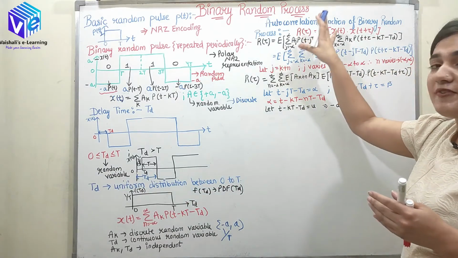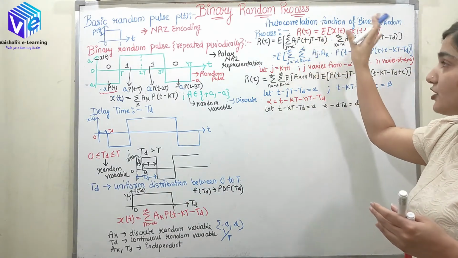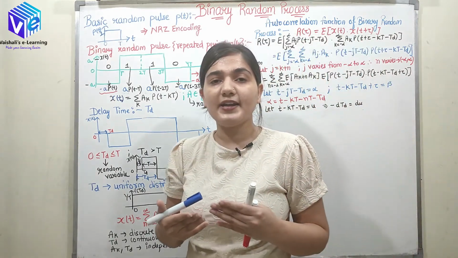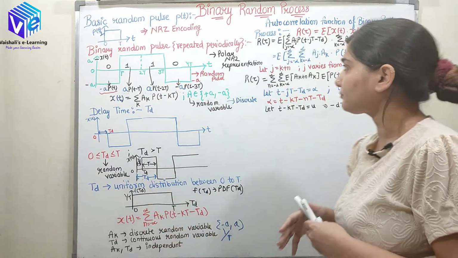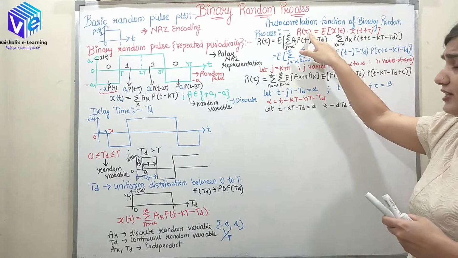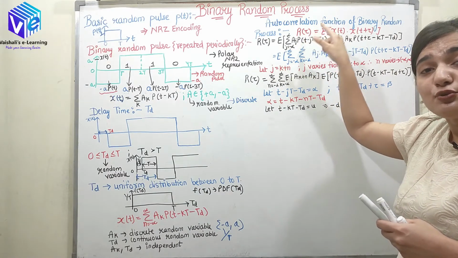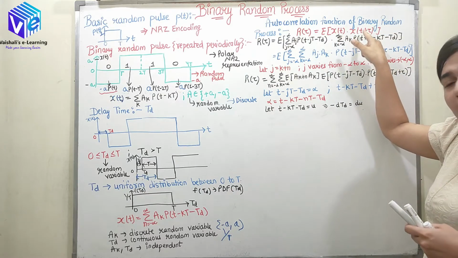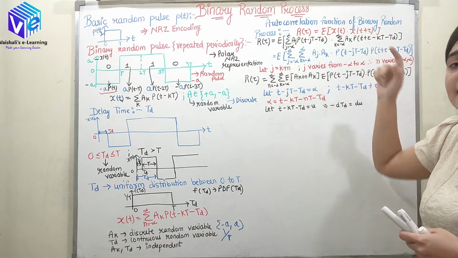Here we'll be finding the autocorrelation function of this binary random process. I hope you remember how to find the autocorrelation function. To find it, I used to take the random process, shift it by tau, and take its mean.